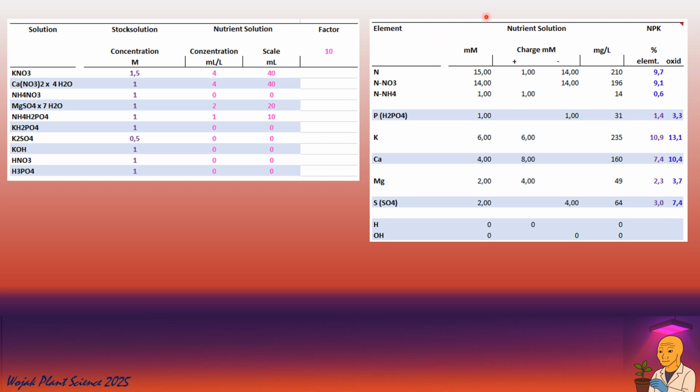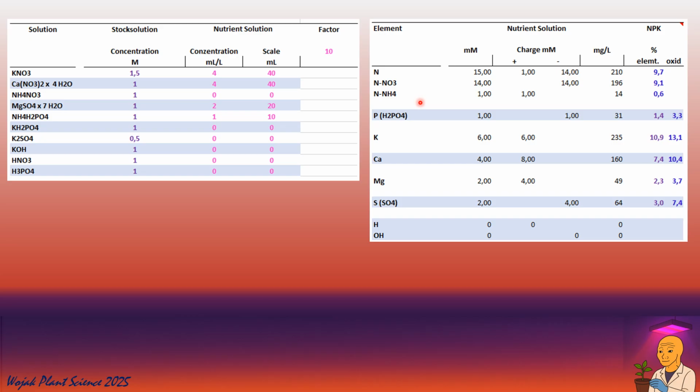So we can do the same with millimole and milligram. So we know we have 15 millimoles, then we have 210 milligram of nitrogen. And what I've just told you, we can do that with all these elements.